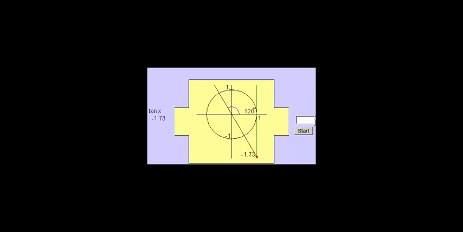Okay, if we go over to 150 degrees, again, our intersection is going to be negative. If we go to 180 degrees, that intersection value is going to come straight back, and we're going to get a tangent value of 0. If we get down to quadrant 3, let's say 210 degrees, the same thing's going to happen.